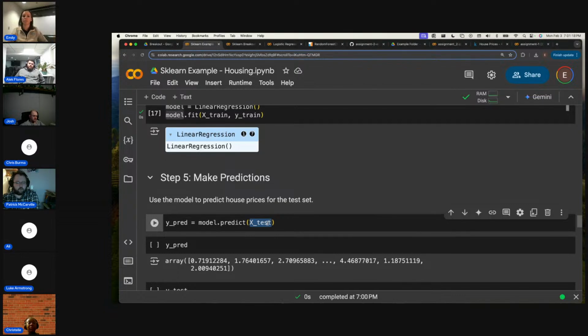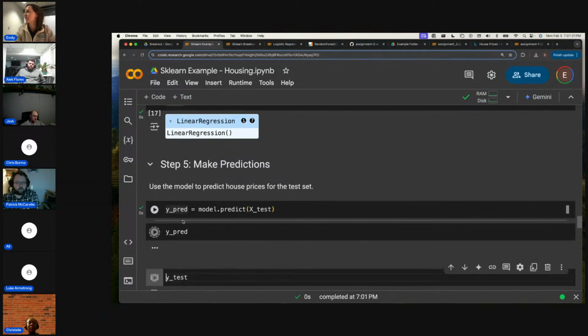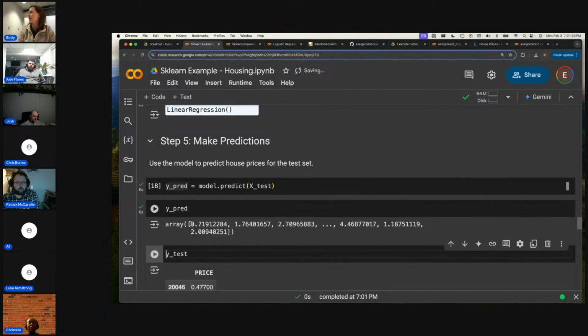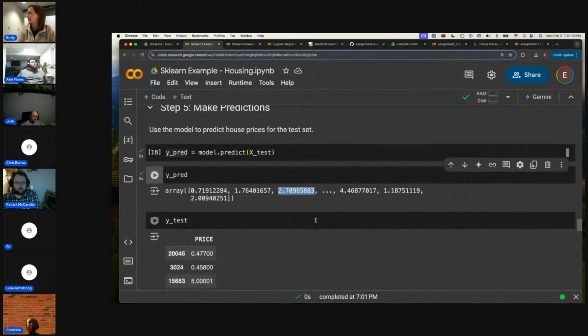What do you think, based on your weights that you've trained, your expert system, what do you think the price of these should be? We're asking it that question. And that's what y_pred is. And then it gives us a series of predictions here. So it'll say, for house 1, here's what I'm predicting. For house 2, here's what I'm predicting. For house 3, here's what I'm predicting.